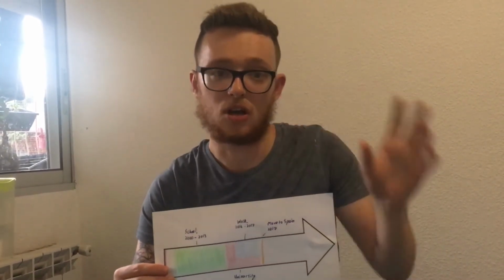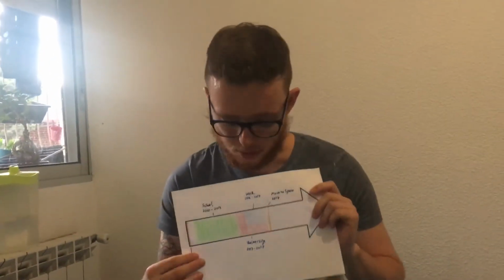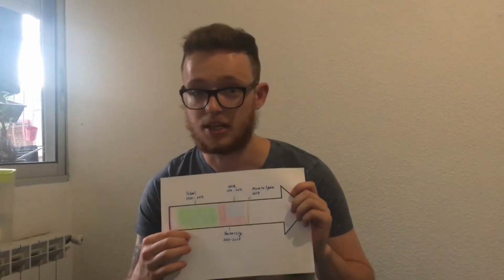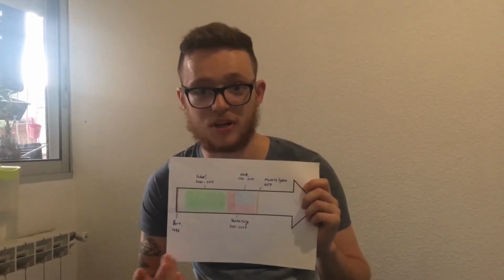Events that lasted for longer periods of time, well, they need to be bigger on the timeline. So, for example, on this timeline, the biggest block is green. That's my schooling, and that took the longest time of everything that's there. It took a lot more years than university or work.